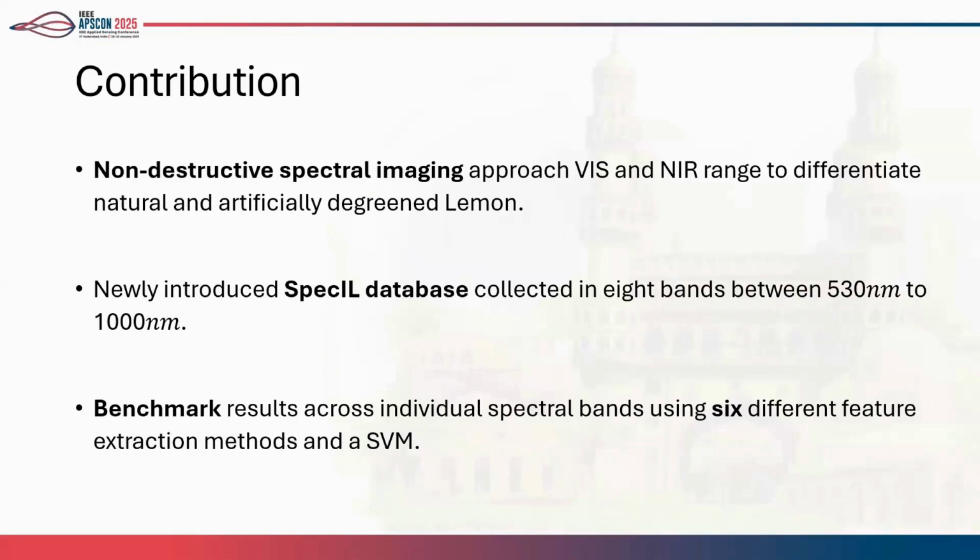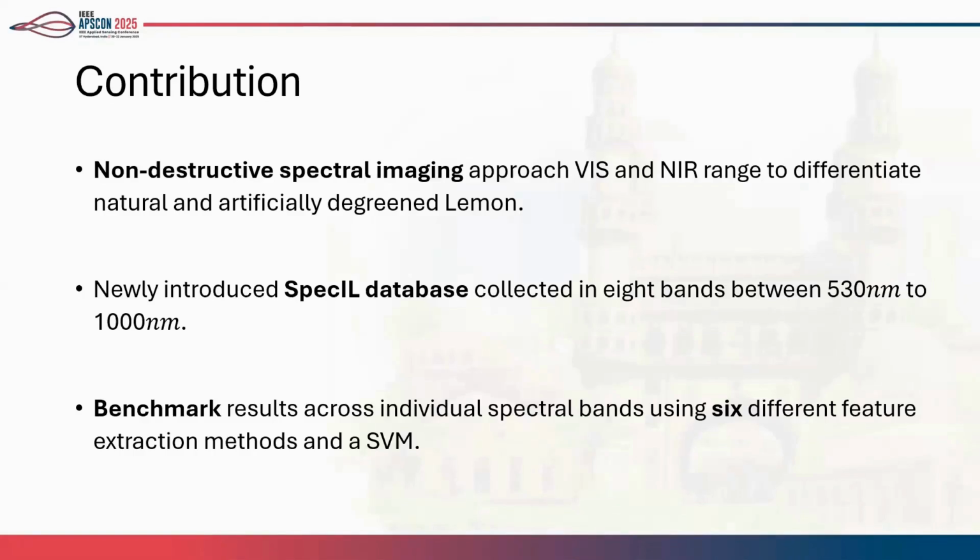Based on that, we have a number of contributions in this paper. The first is that we explore the non-destructive approach of spectral imaging based on the visible and near infrared range to distinguish between naturally degreened and artificially degreened lemon.